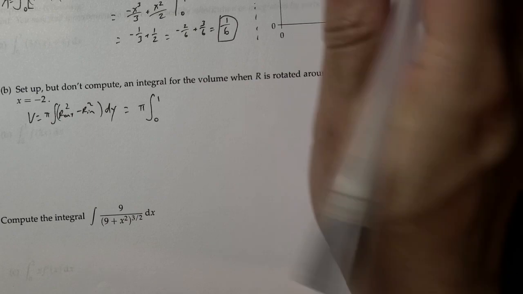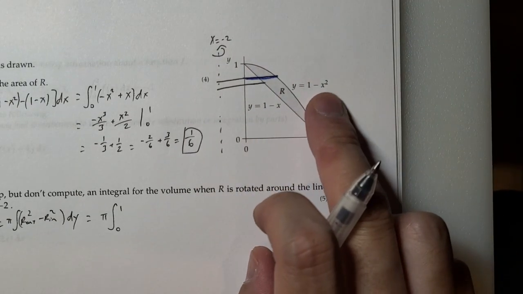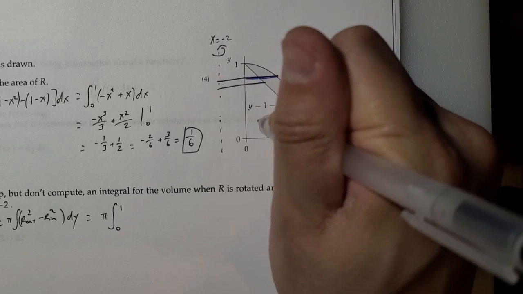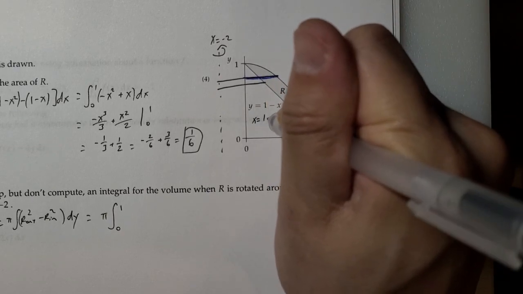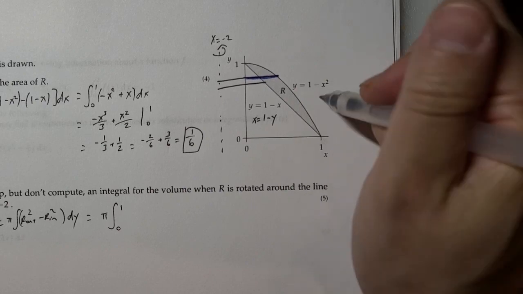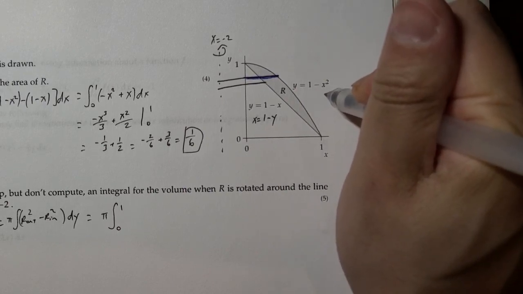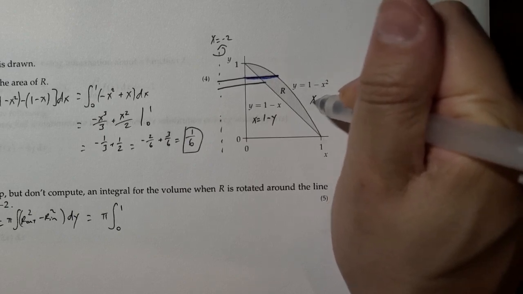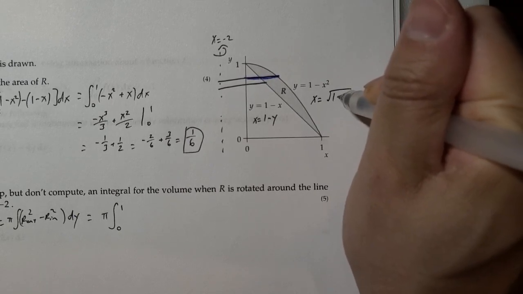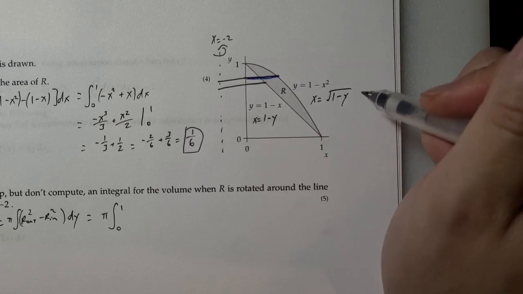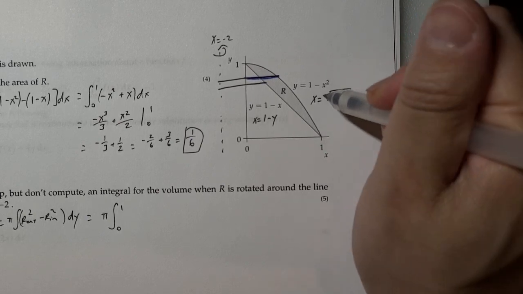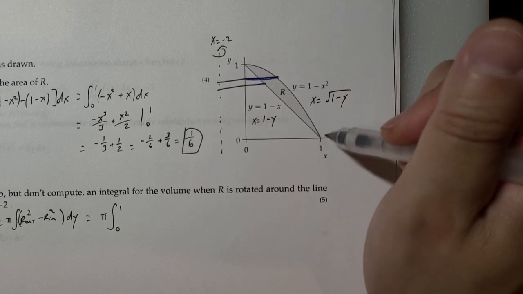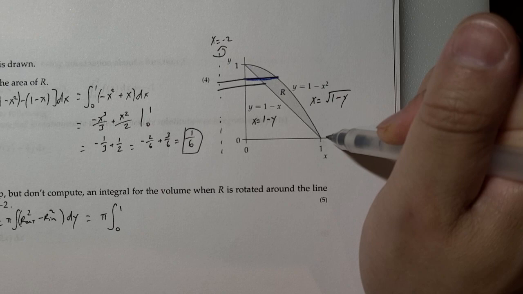Let us change these to be x in terms of y. This one's easy. That's just x is equal to 1 minus y. What about this one? It'll be x squared is 1 minus y, so x is the square root of 1 minus y. Is it plus or minus? Because we get a plus or minus. Which one is this one?